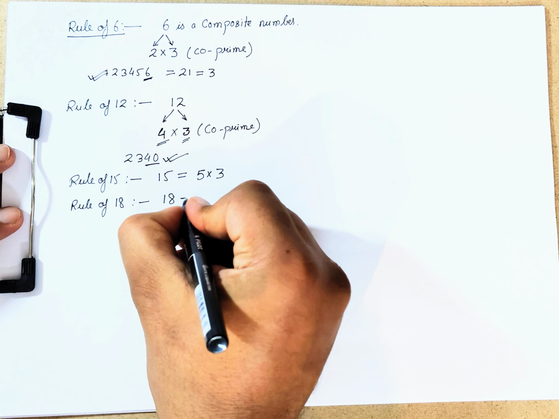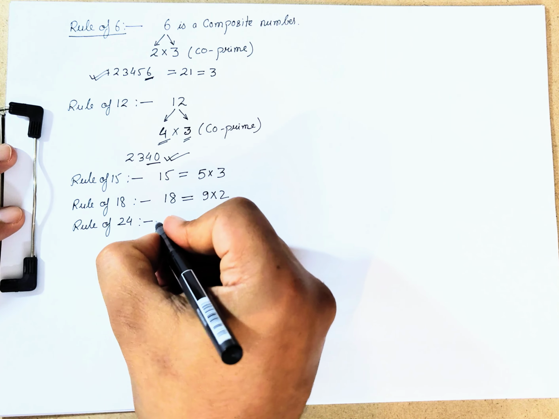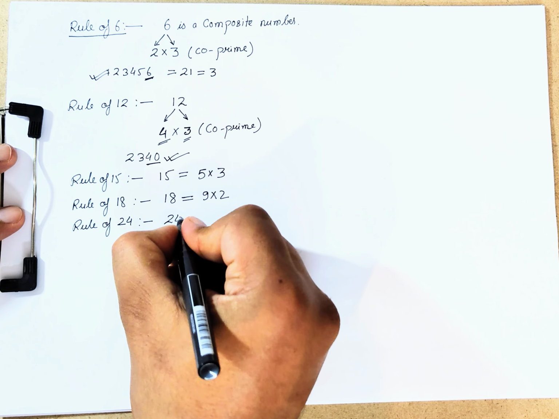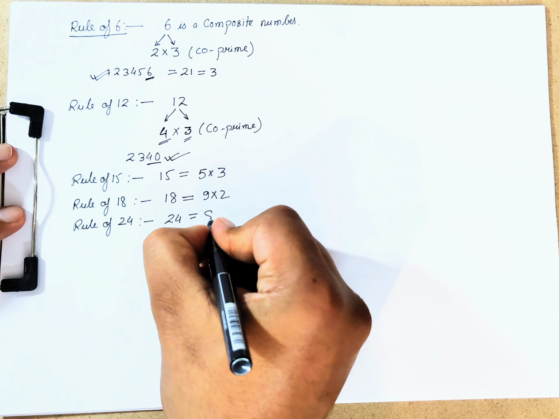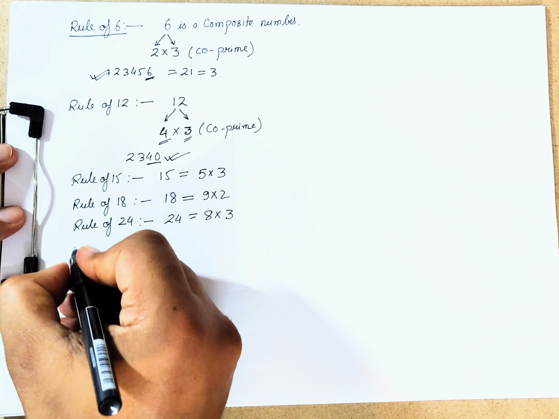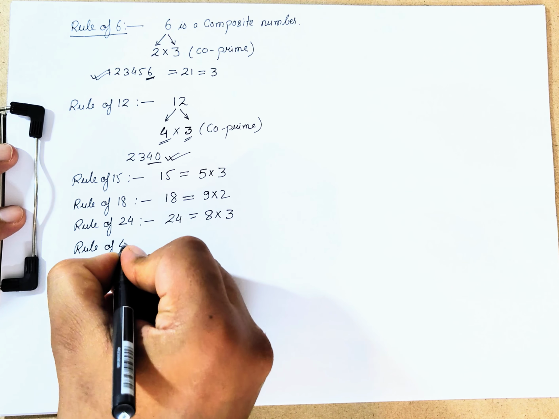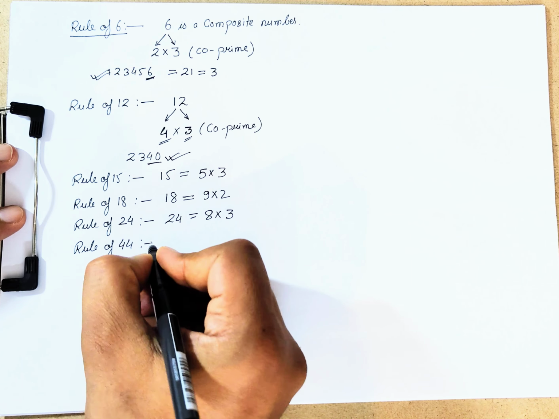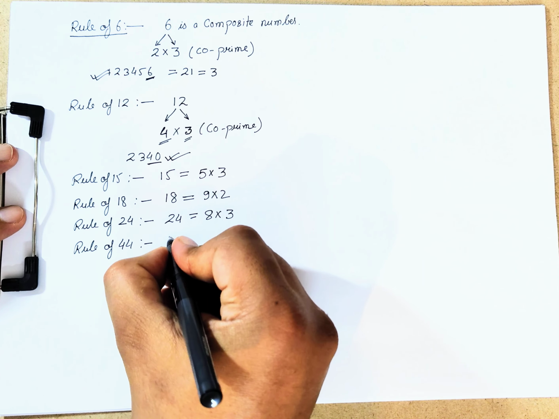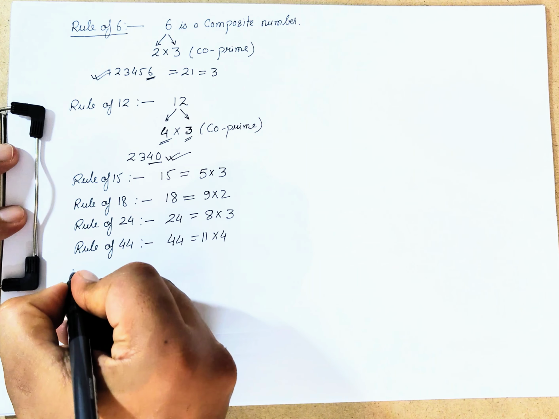Rule of 24. 24 can be written as 8 into 3, and 8 and 3 are co-prime. Rule of 44. 44 can be written as 11 into 4.